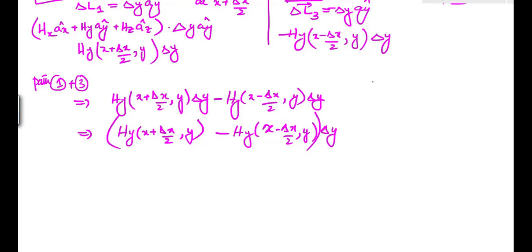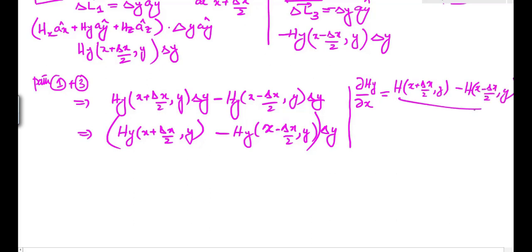Now to revive your concept of partial differentials, I hope you know that the partial derivative of the y component with respect to x is equal to Hy at x plus delta x by 2, y minus Hy at x minus delta x by 2, y, divided by delta x.